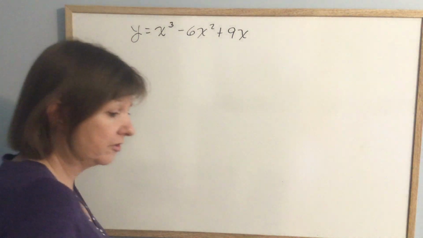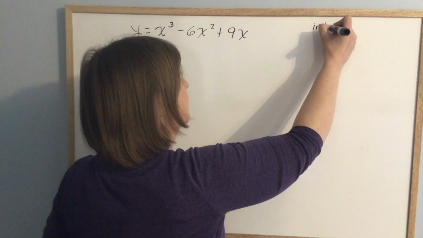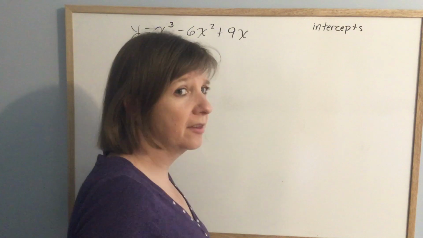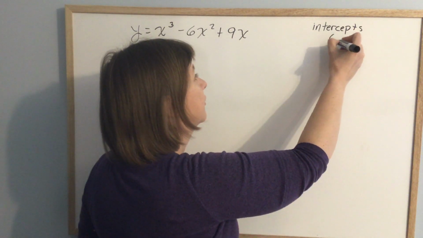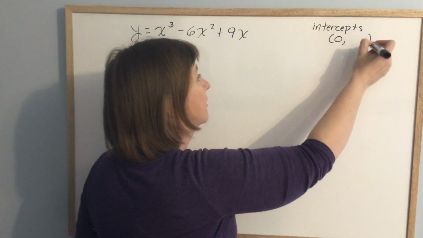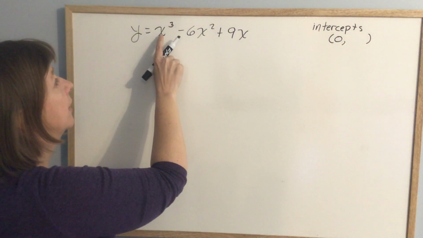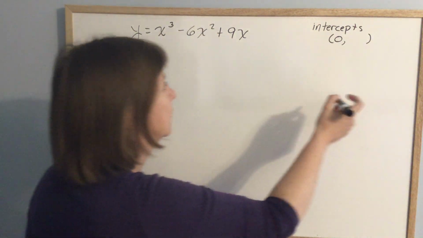All right, let's talk intercepts first. It's really about finding where it is crossing the x-axis and where it is crossing the y-axis. For intercepts, I'm going to make x 0 and solve for y. So 0 minus 0 plus 0 is going to equal 0.